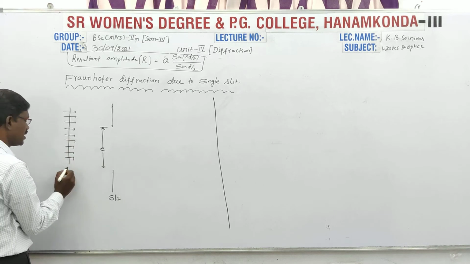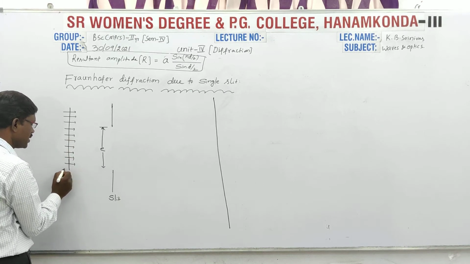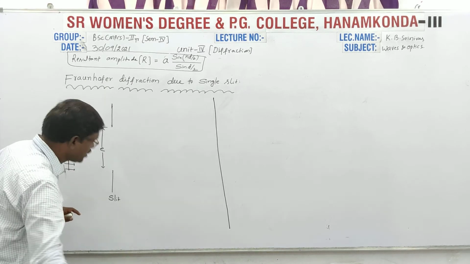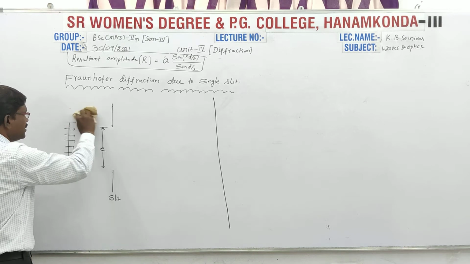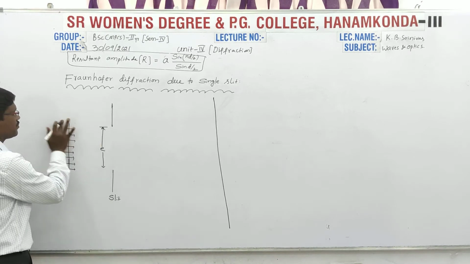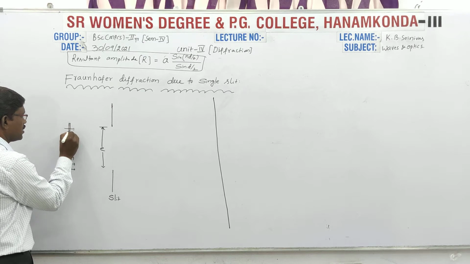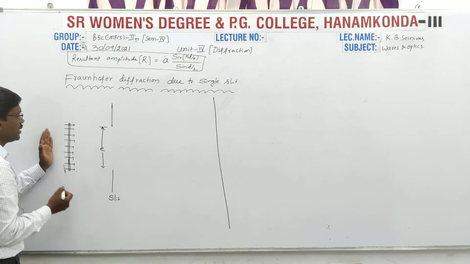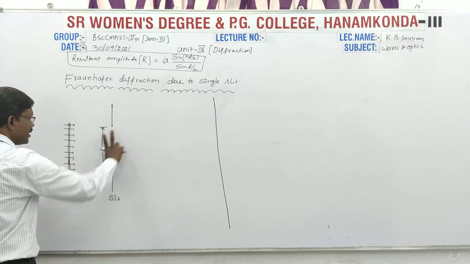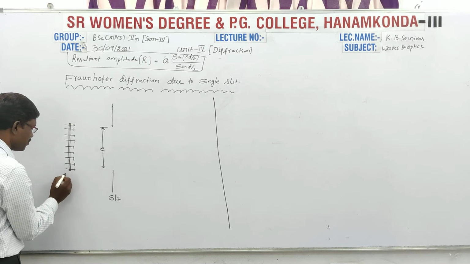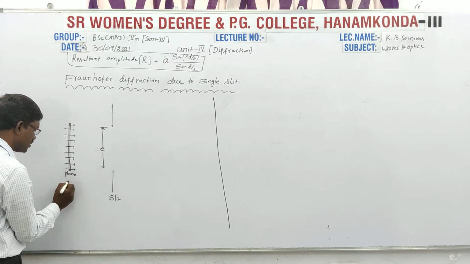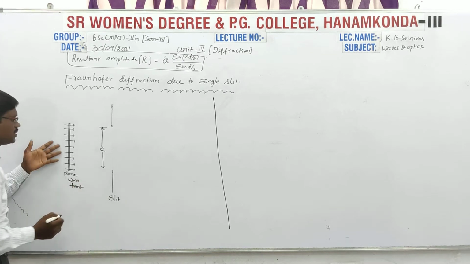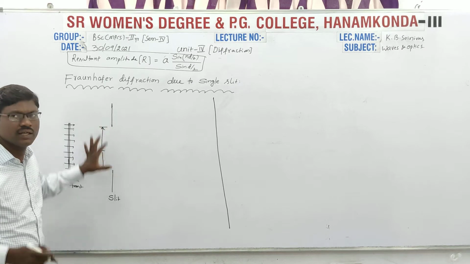This is the representation of the plane wavefront, and this plane wavefront is incident on the slit whose width is small e.